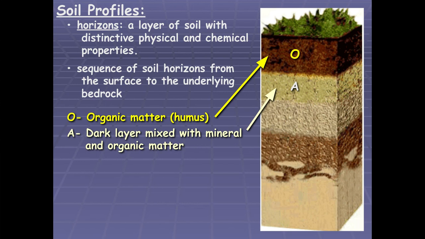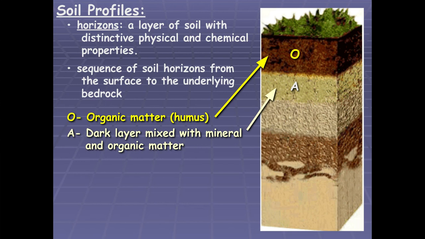And now it's deposited in the layer or horizon below the O layer, known as the A layer, which is a mixed mineral and organic matter. So this is where the water basically takes out dissolved material from the O layer and again deposits it in the A layer, mixed mineral and organic matter.